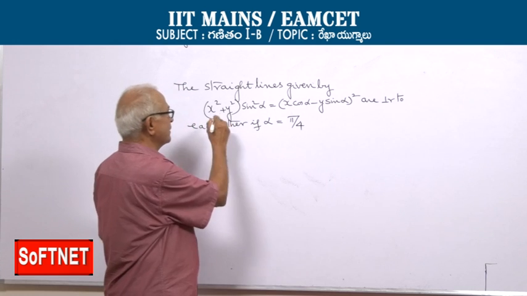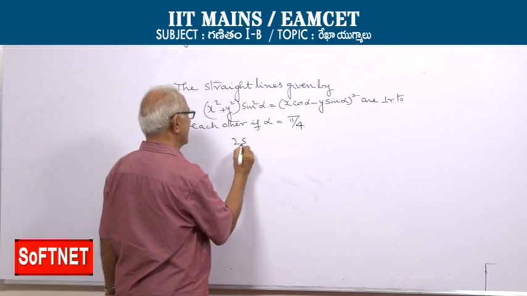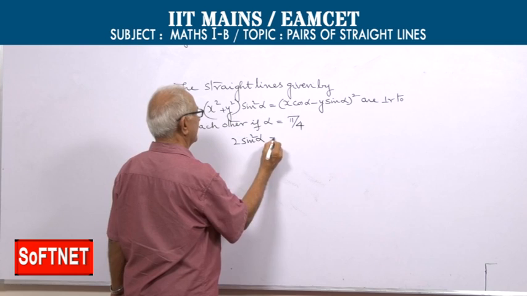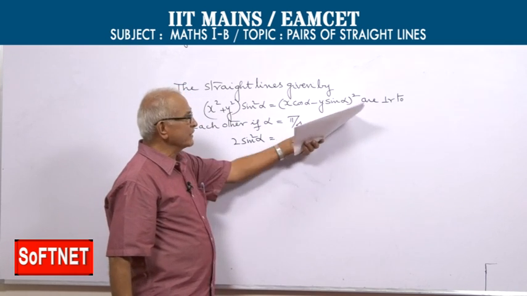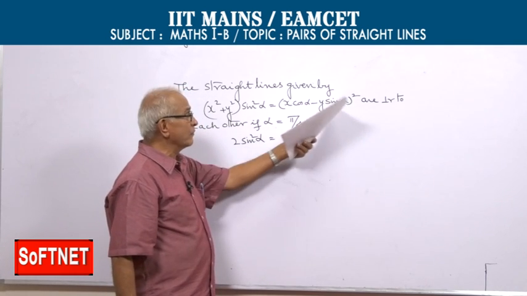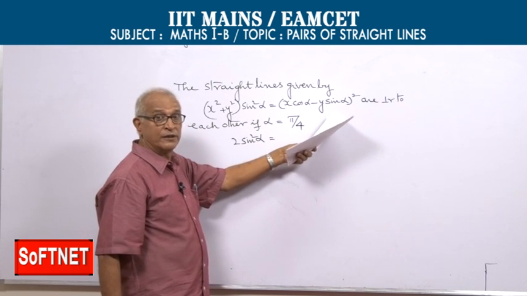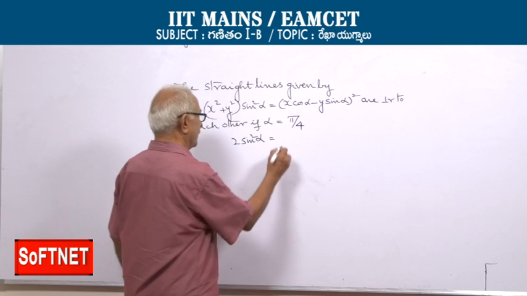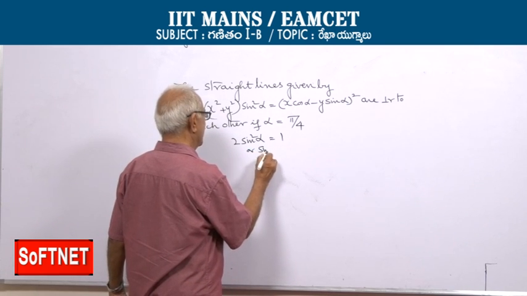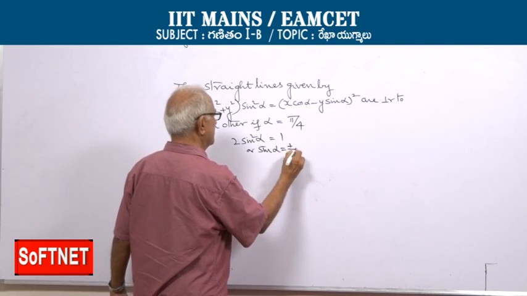So what is the sum of the coefficients of x square and y square on the left hand side? 2 sin square alpha. And the sum on the right hand side, x square cos square alpha plus y square sin square alpha, these are the terms containing x square and y square, so that is 1. Or sin alpha equal to plus or minus 1 by root 2.